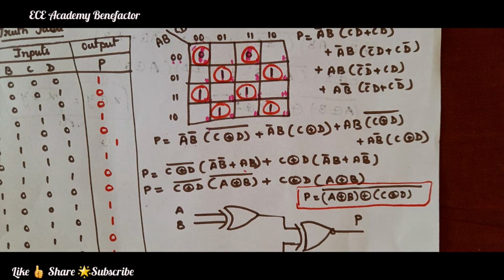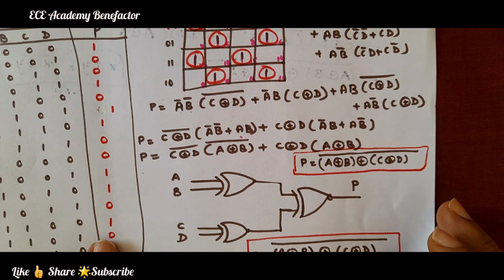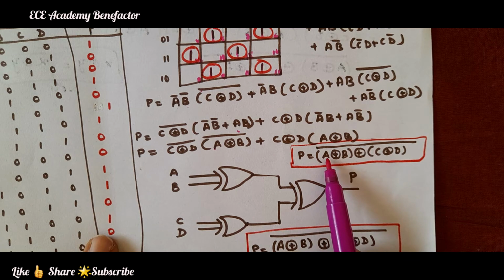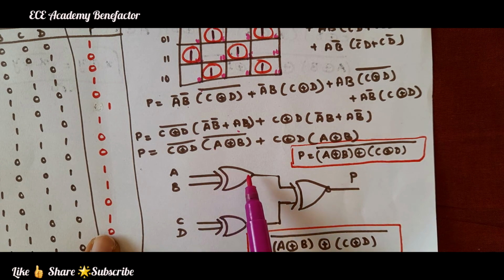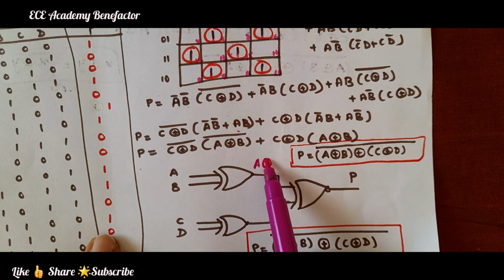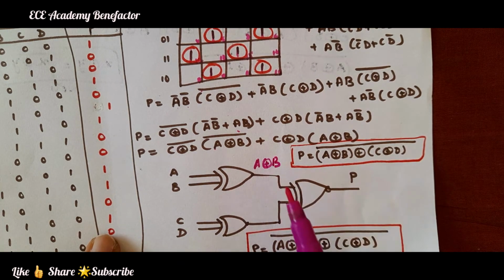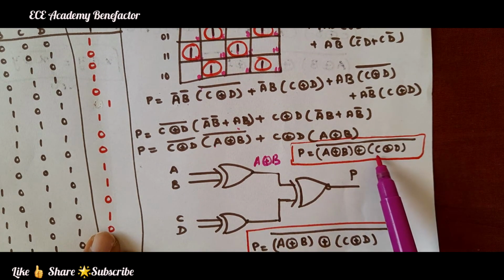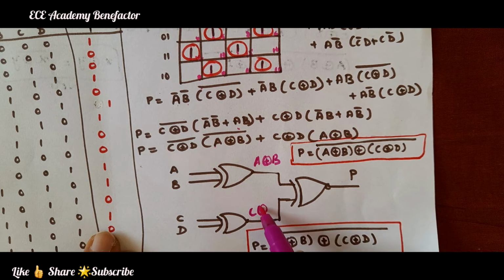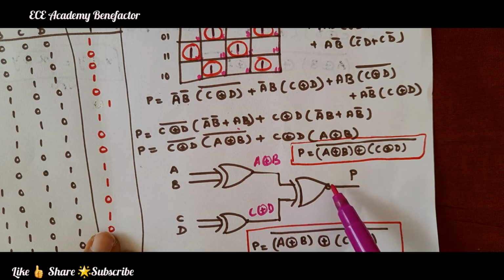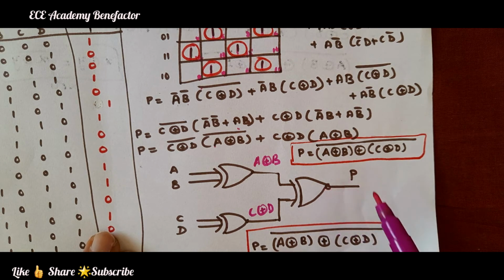Okay. So how to do the logic diagram now? So first we need A XOR B. So it is given to an XOR gate to get A XOR B. Now we need to get the term C XOR D. So we have given C and D inputs to an XOR gate to get the term C XOR D. These two are given to an XNOR gate.